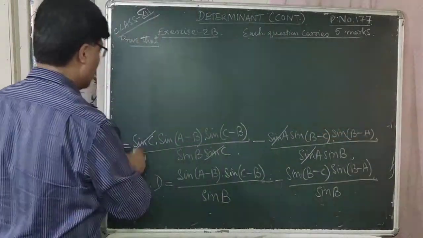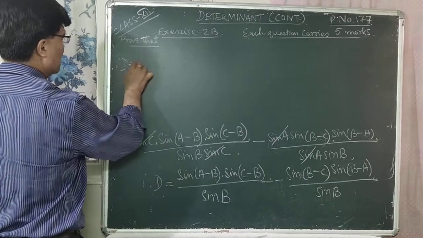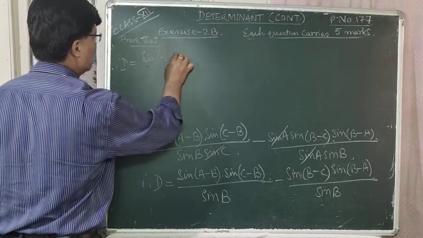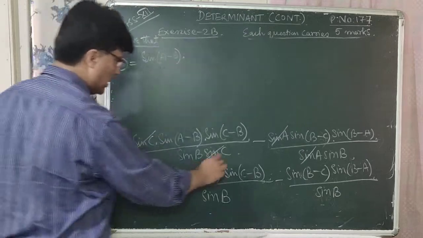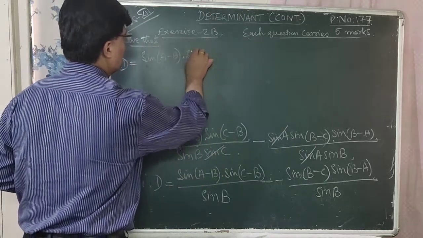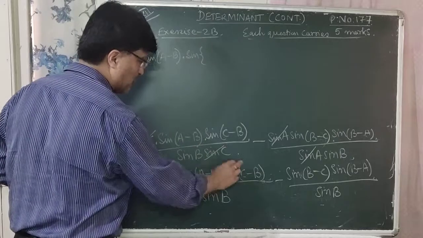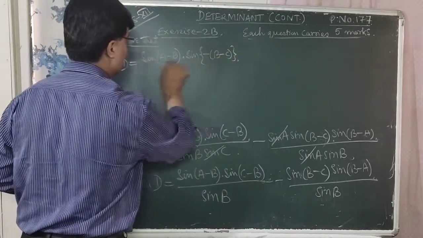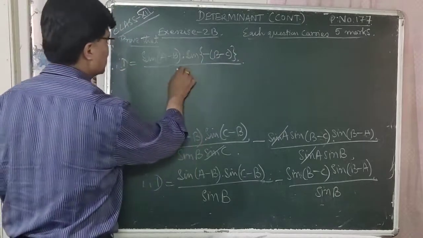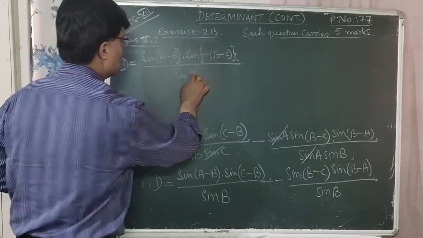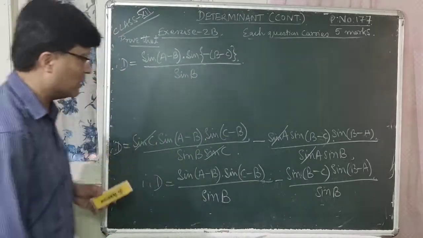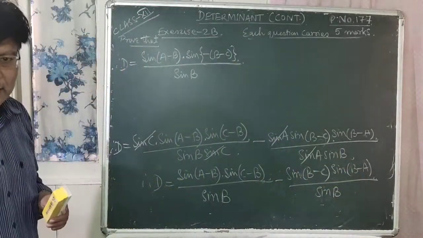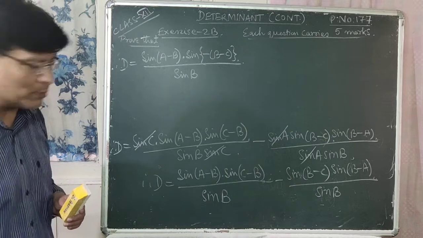So now, therefore D is equal to, this is sine of A minus B into, here sine of, within second bracket, here minus is taken common, so make it B minus C whole divided by sine B. Is that clear? Similarly, in this case B minus A is there, make it A minus B by taking minus common.